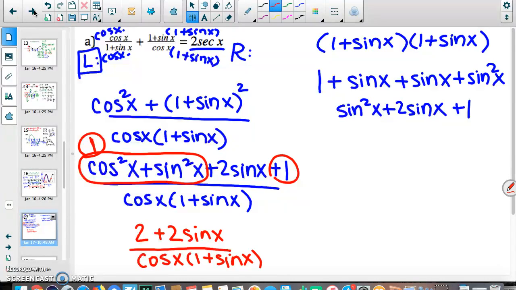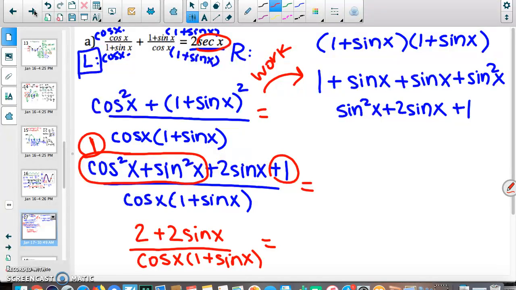And then from here, this step is just my work over here, just trying to organize. After this, I got it down, but I want it to just be a 1 over cosine, right? Because that's what secant is. So that's 1 over cosine. So I want these sines out of here.